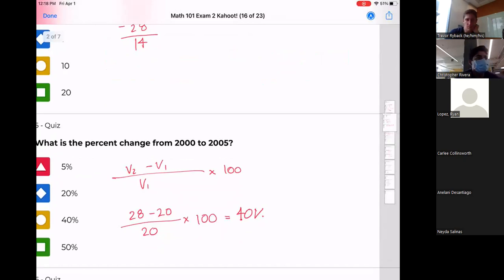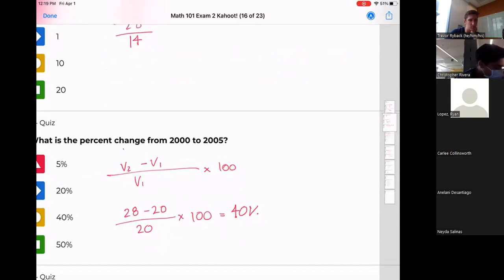So we take our final value, 28, subtract our initial value, 20, and then divide by the initial value, which is also 20. So we get 28 minus 20, which is 8. Then we divide that by 20 and multiply by 100.